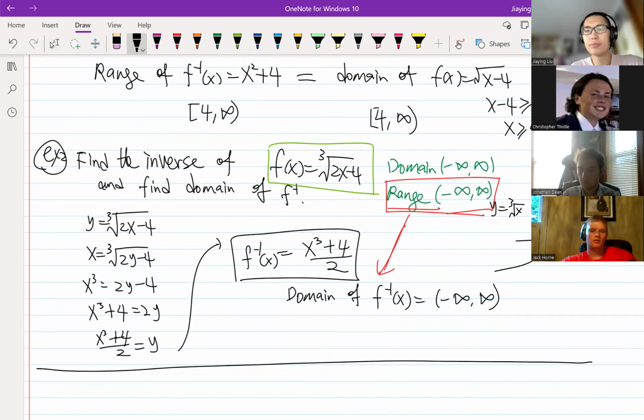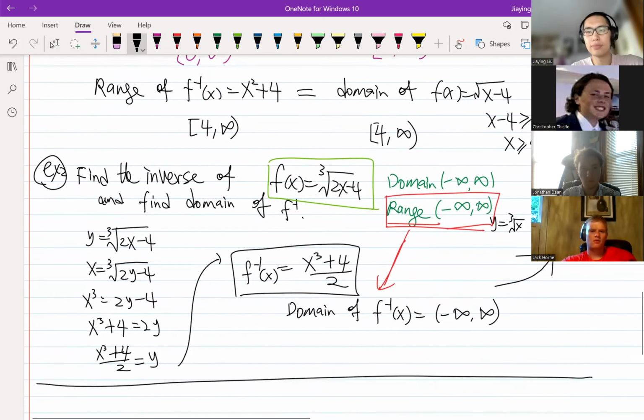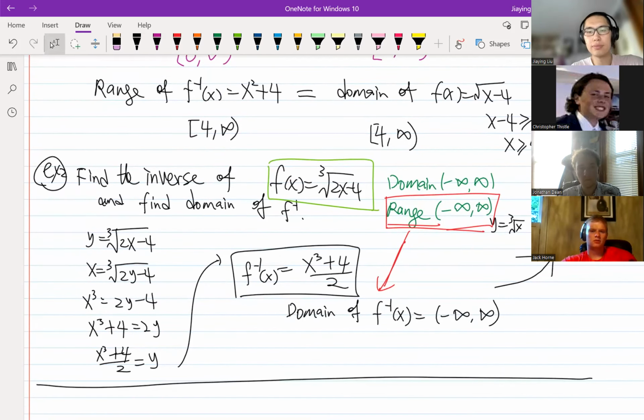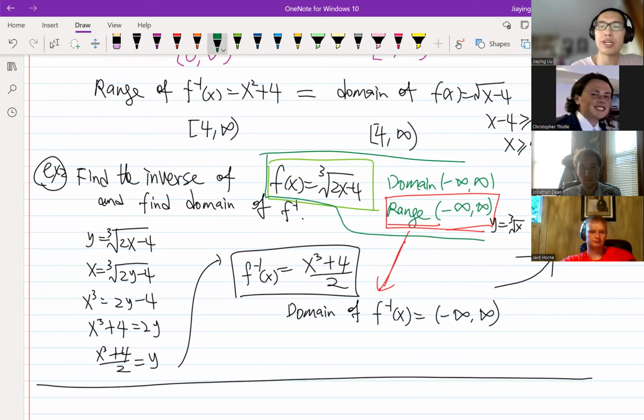Did you say the domain and the range, both of those are negative infinity to infinity? For this specific example, it is. But what I wrote above in green color, that domain and range are actually for the original function, f of x equals cube root of 2x minus 4. Oh, okay. Right.